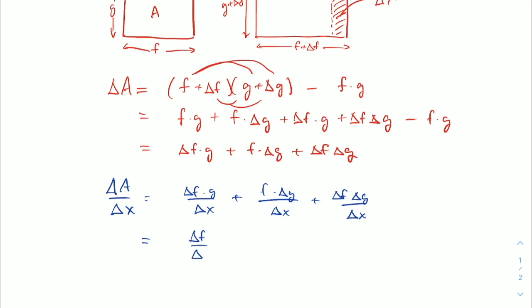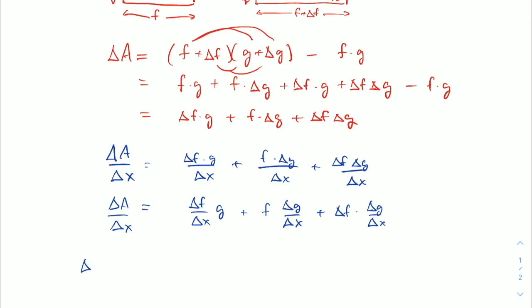Rearranging again slightly, I start to see the product rule pop out. Now I'm going to take the limit as delta x goes to 0. As delta x goes to 0, these delta variables over delta x become derivatives.